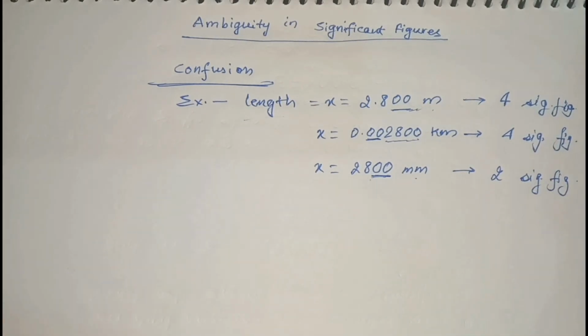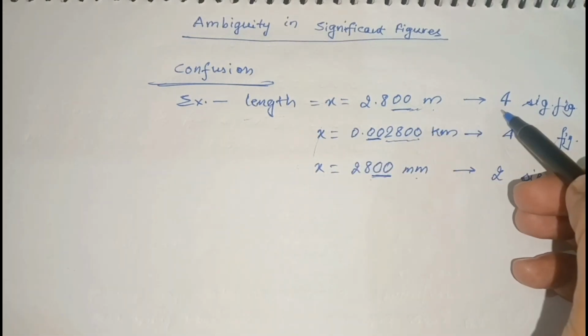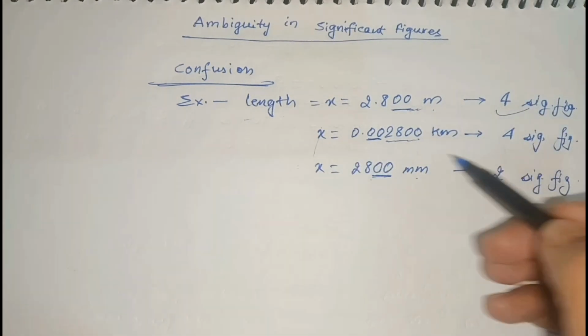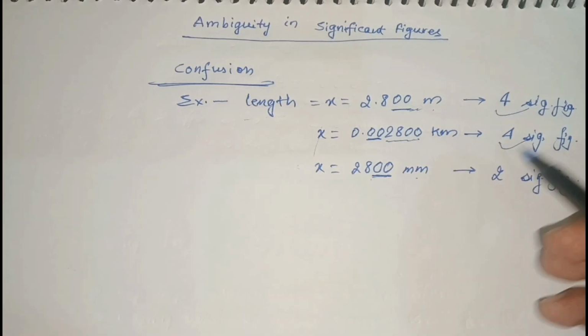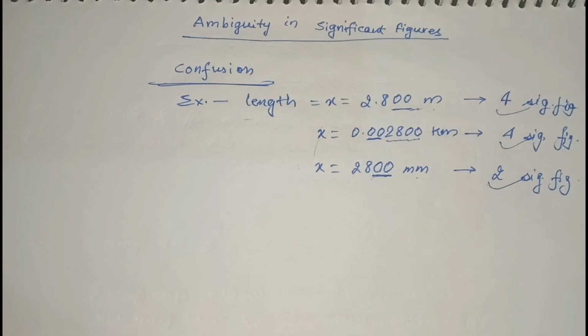But the rule tells what? The same measurement has in one case 4 significant figures, and in another case only 2 significant figures. This is the ambiguity in significant figures.